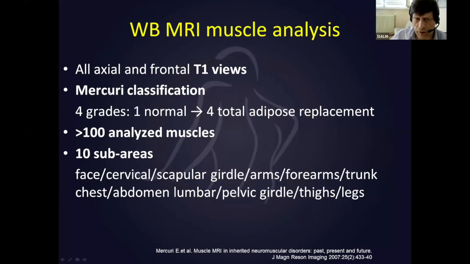As you know, Mercuri has performed a classification divided into 4 grades. 1 is normal, and 4 is total adipose tissue replacement. We analyzed more than 100 muscles divided into 10 sub-areas from face to legs.